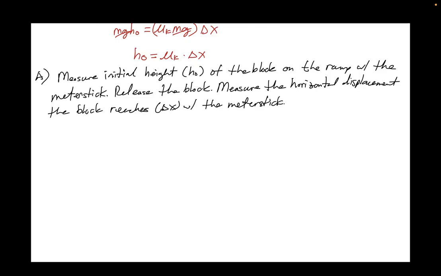That'll give us a certain value of h naught and a certain value of delta x. We'll want to repeat this multiple times to reduce experimental uncertainty, and we can do that to get different values of the initial height and horizontal displacement.